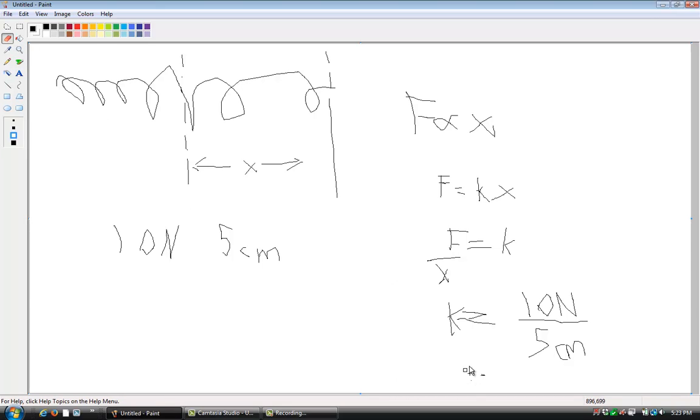I'm going to have to erase some of that. Okay. I get a spring constant. 10 divided by 5 gives me 2. And a spring constant doesn't have its own special units. It's just going to be newtons divided by centimeters. And that's where we're going to leave that.